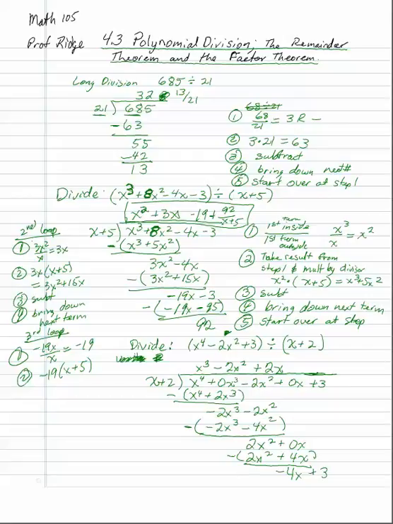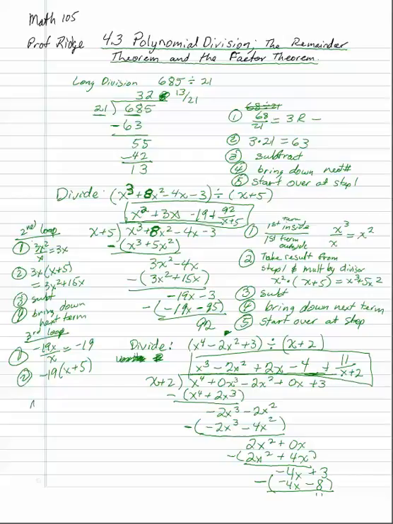Negative 4x divided by x is negative 4. And negative 4 times x plus 2 is negative 4x minus 8. We're going to subtract, so we get 11. There you go.